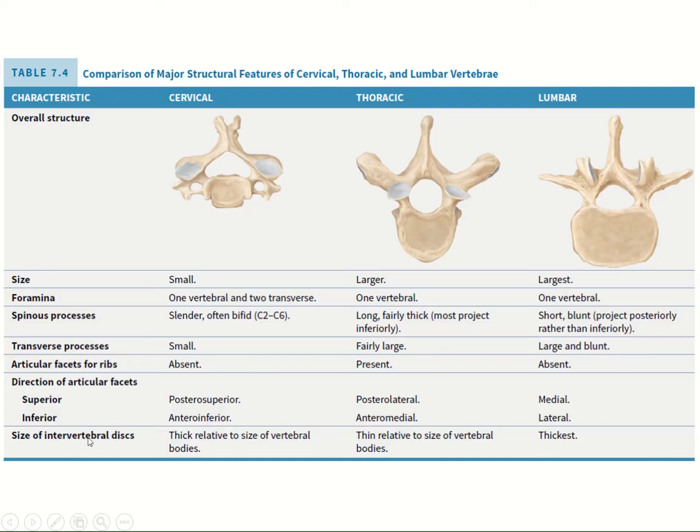And the sizes of your intervertebral discs, the disc found in between the bodies of your vertebral bodies, would be thick relative to the size of the vertebral body for the cervical, thin for the thoracic relative to the size of the vertebral body, but thickest for the lumbar vertebrae.